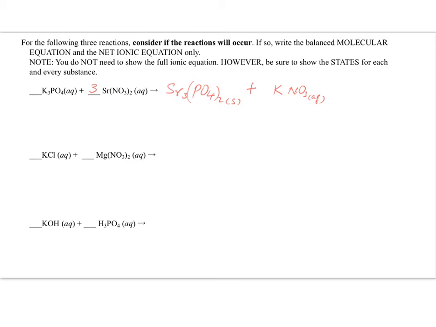Then it gives us 6 nitrate ions, so we put 6 in for these compounds. And to balance the potassium and phosphate, we need to put number 2 in here. So this is balanced.